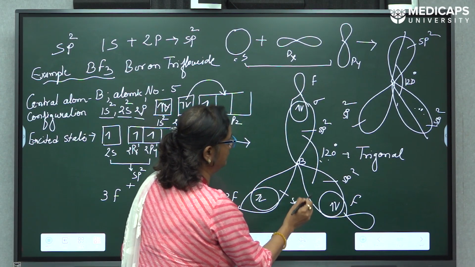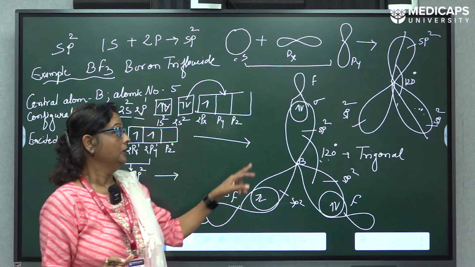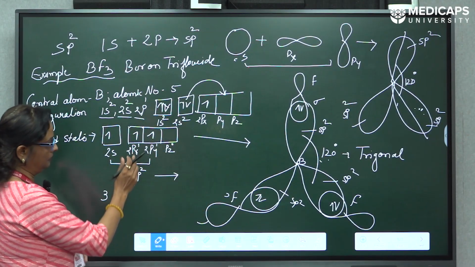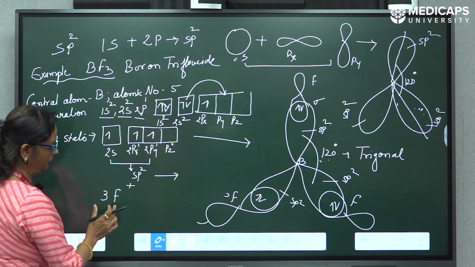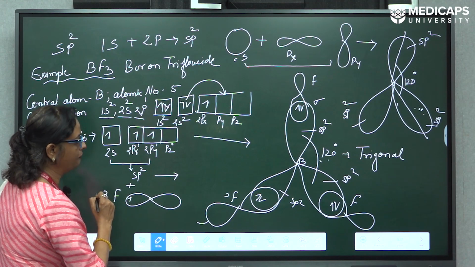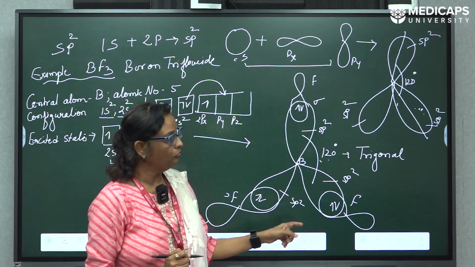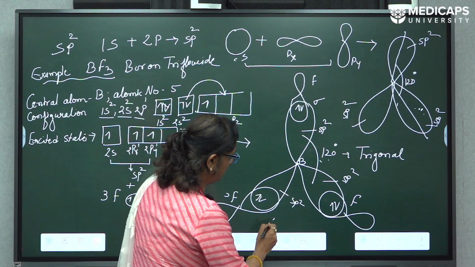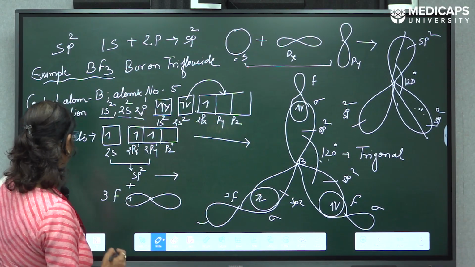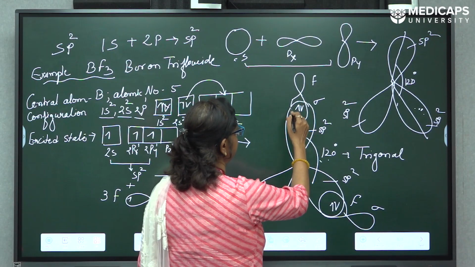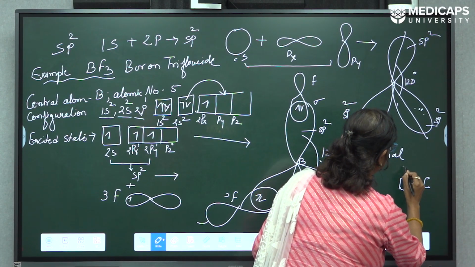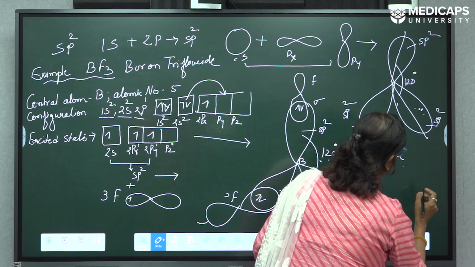These 3 sp2 hybrid orbitals of boron are ready to form the bond with 3 fluorine, and now with these 3 sp2 hybrid orbitals, 3 fluorine overlap, head-on overlapping will take place and the 3 sigma bonds will form, and by this we will get boron trifluoride, that is BF3.